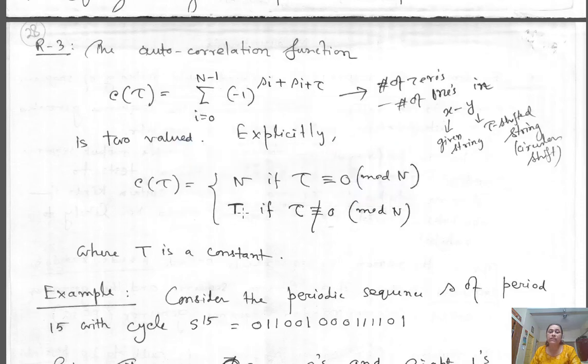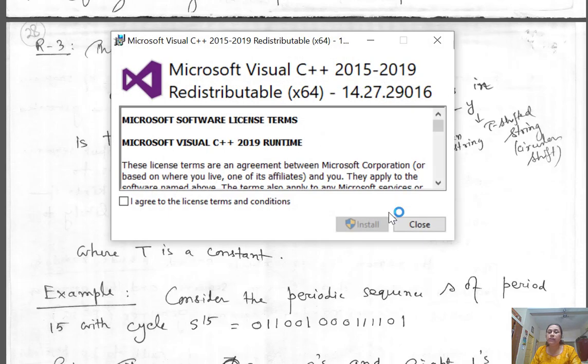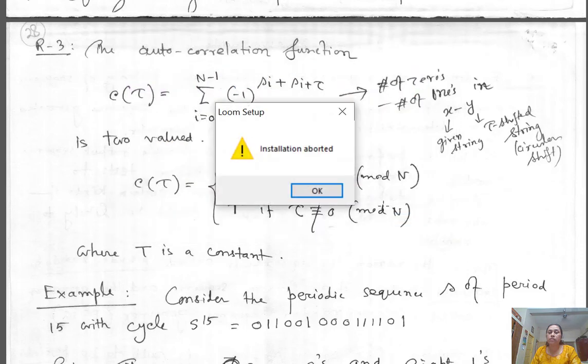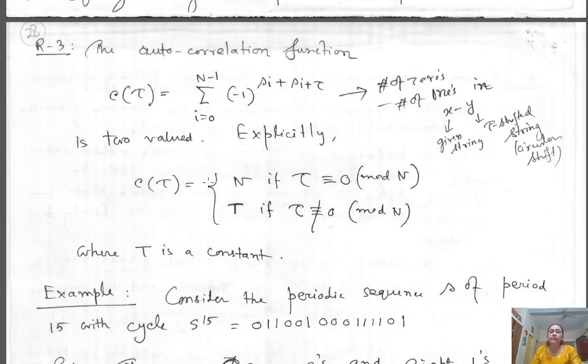And its value is t if tau is not equal to 0 modulo n, where t is a constant. It is a two-valued function: either the autocorrelation value is n, the period of the sequence, or it is some fixed value t, whatever tau you take.